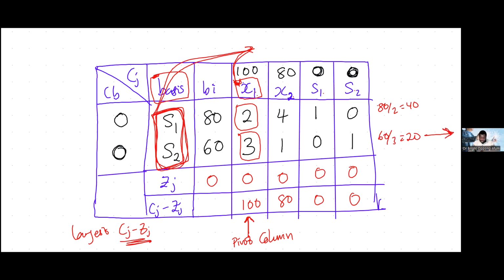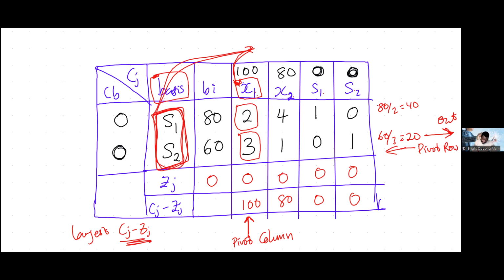So the least value here is this value, right? So the pivot row is actually this row. If you want to refer to it as a pivot row, you use the arrow entering and say pivot row. But if you use the arrow going out, you can just say out, meaning that decision variable S2 is going out of the solution and is being replaced by x1.